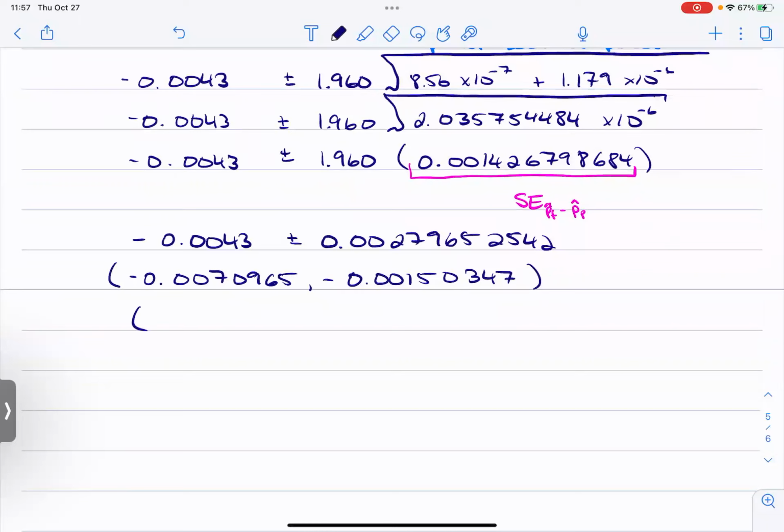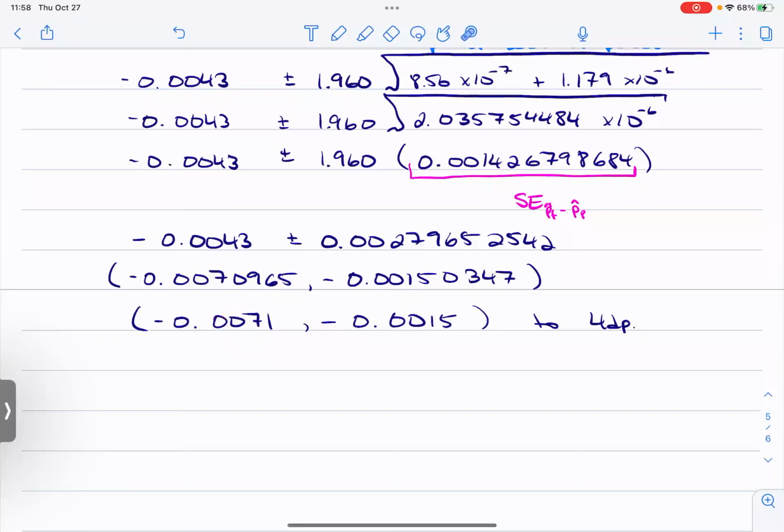But if I round this to 4 decimal places, let's say negative 0.0071 up to negative 0.0015. I always get tripped up with the negatives, right? Because you want to make sure that this one is in fact less than this one. Okay, negative 0.007 is further away from 0 than negative 0.001.